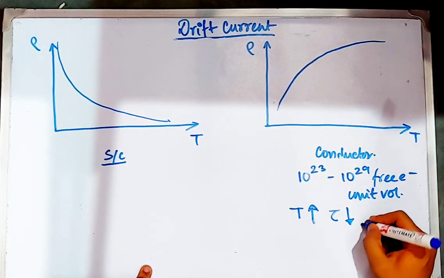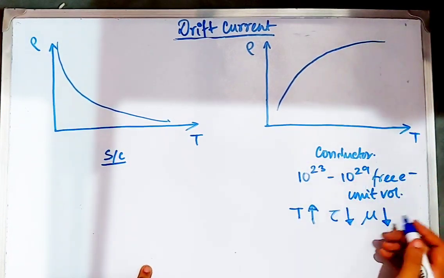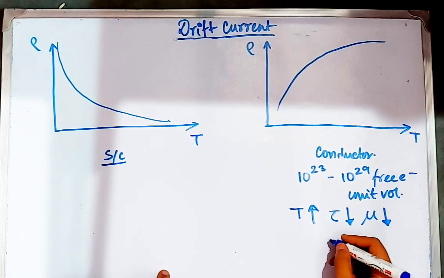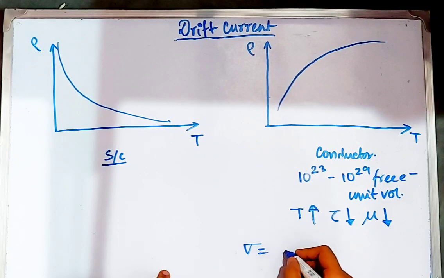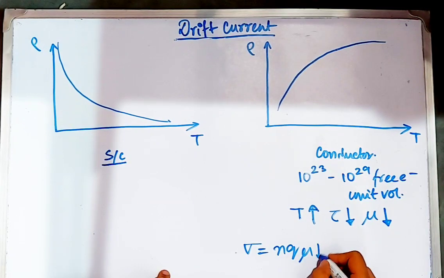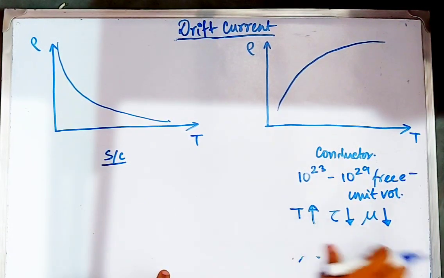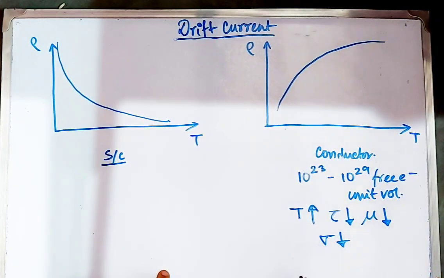If tau decreases, then of course the mobility of the free electrons gets decreased, and we know that conductivity is n q mu. So if mu decreases, then of course the conductivity decreases.